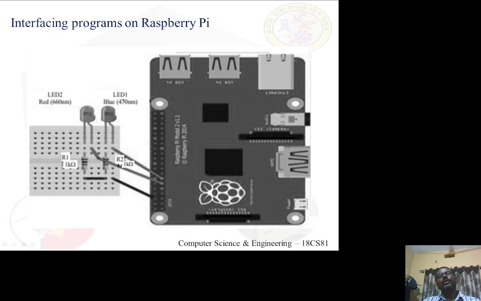So while programming, I need to configure these two pins, GPIO number 17 and 27, as output pins. I repeat, the GPIO pins 17 and 27 of the Raspberry Pi computer, I need to configure as output pins. Okay.